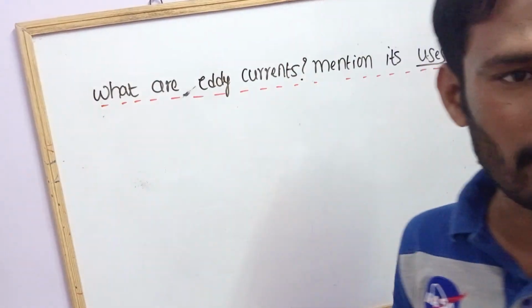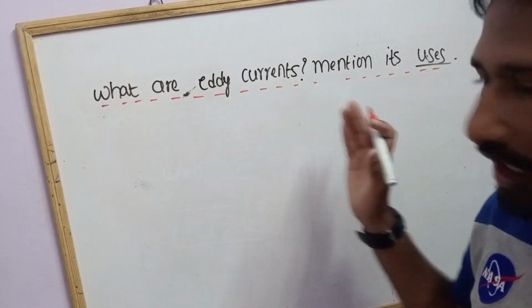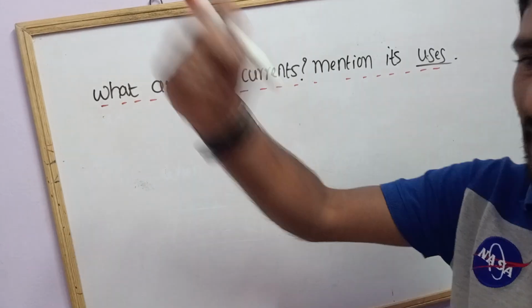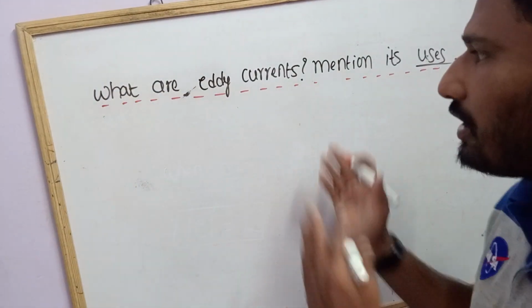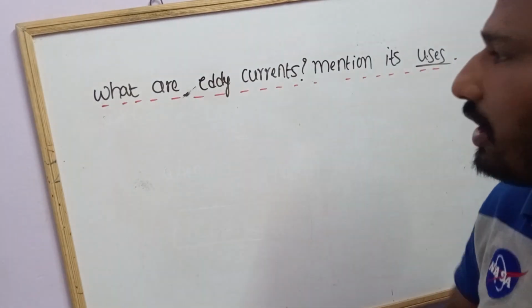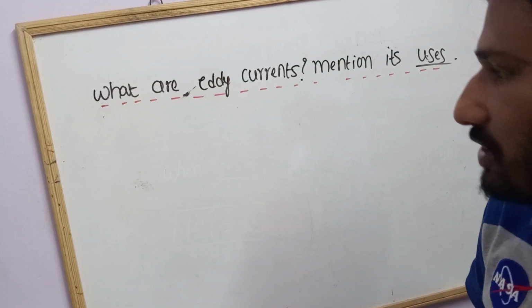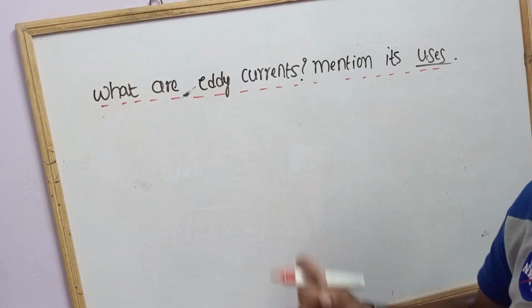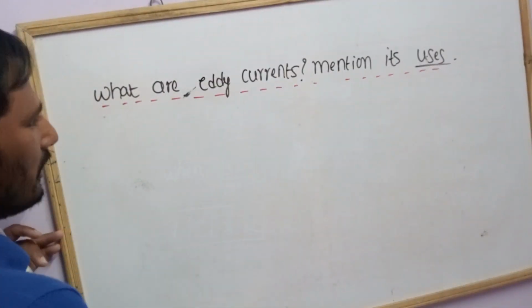Just like motional EMF, where the uniform magnetic field will come, here it is non-uniform or varying. The magnetic field is not constant. In a varying magnetic field, you can take conductors or some metals and move them, then currents will get induced in those metal plates. Those are called eddy currents. That is the correct definition: the circulating currents induced in a metal plate which is moving in a varying magnetic field are called eddy currents.